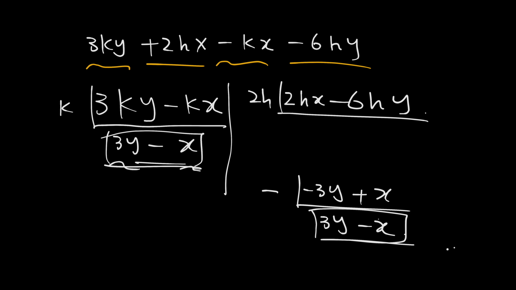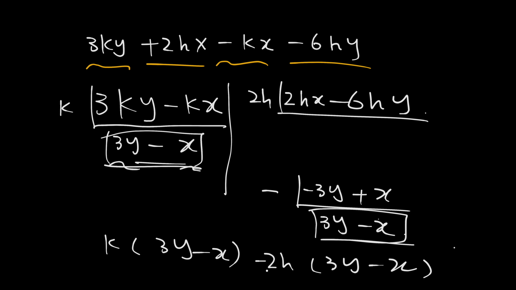Now this one becomes minus 2h times 3y minus x. Now this one is k times 3y minus x. Can you see that you have both 3y minus x now? So you take it out. You have 3y minus x, and then you have k minus 2h, and that's it.